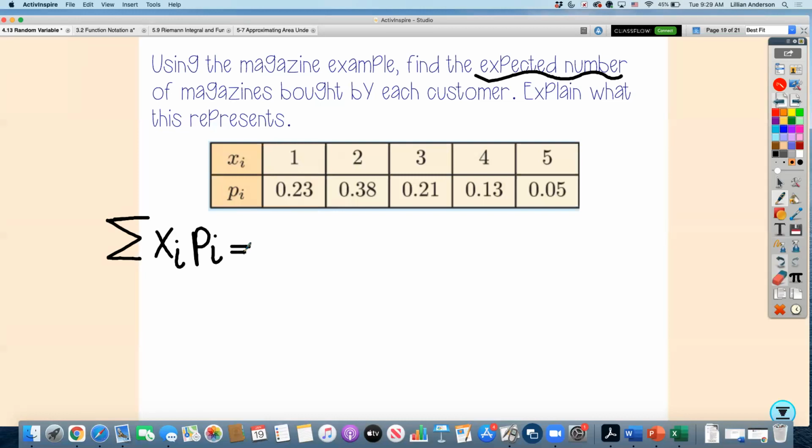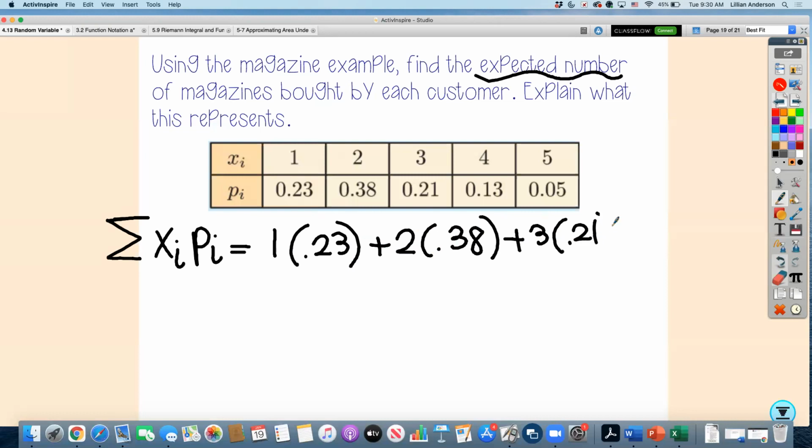That's when we take each of our X values, multiply them by their respective probabilities, every single one, and we add them up.